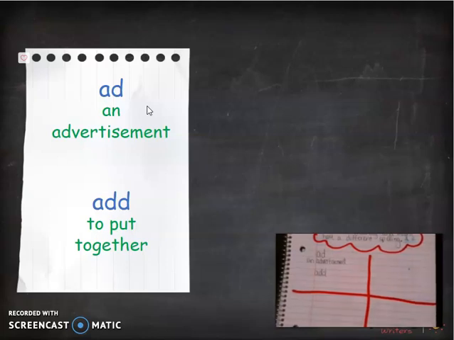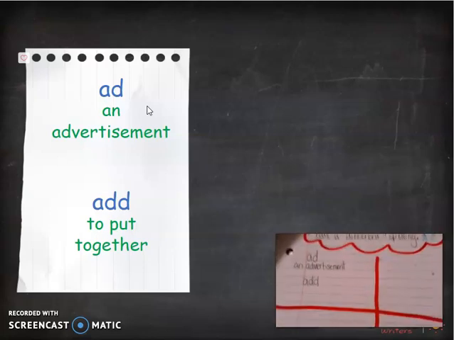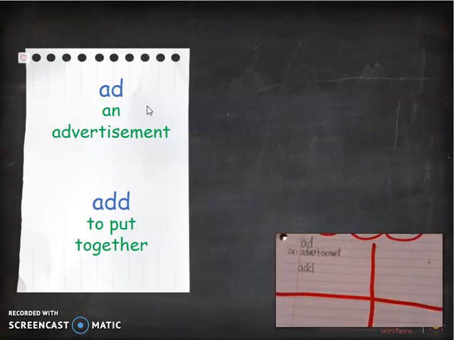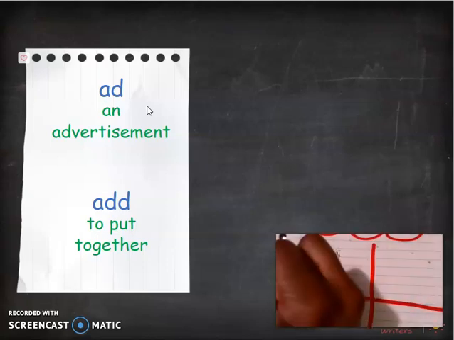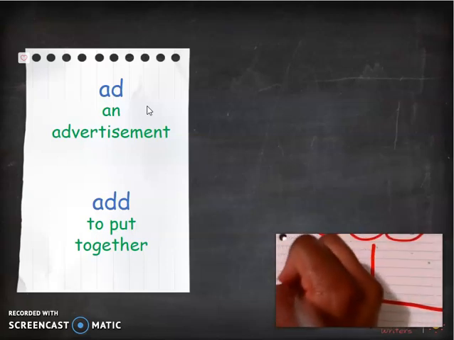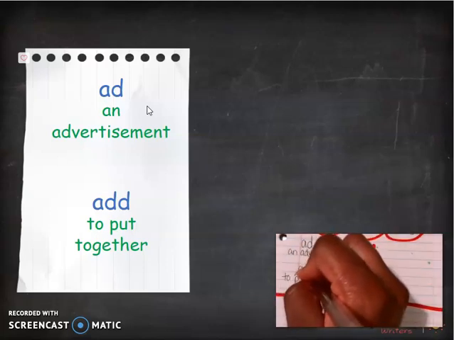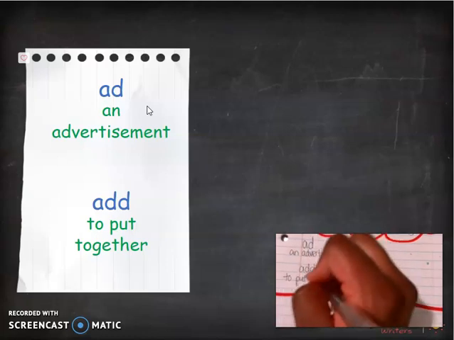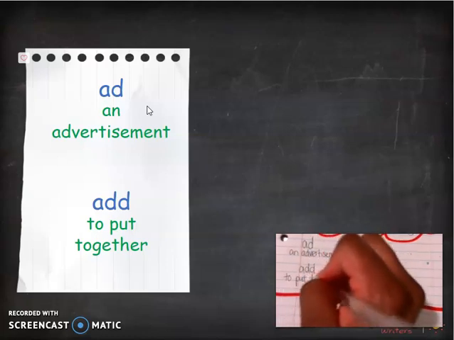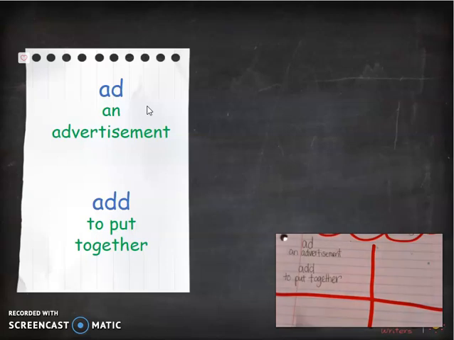And this word add is when you are adding the sum, or finding the sum of two numbers. So this is when you put things together. You know, you can add detergent to your clothes in the laundry. But these are just two different forms of the same word. These are homophones. They sound the same, but they are spelled differently.